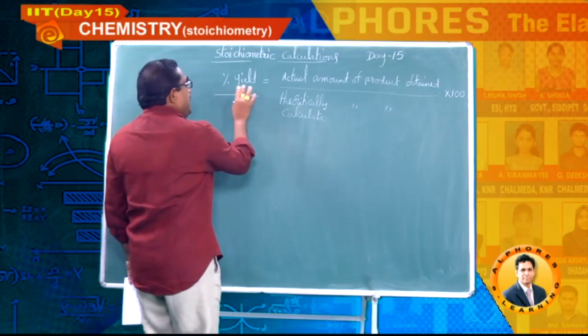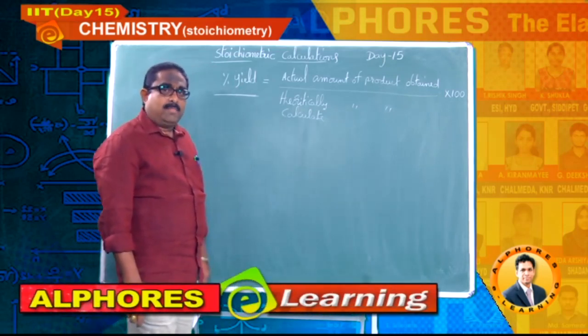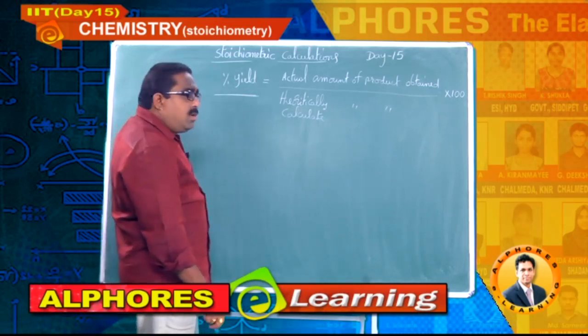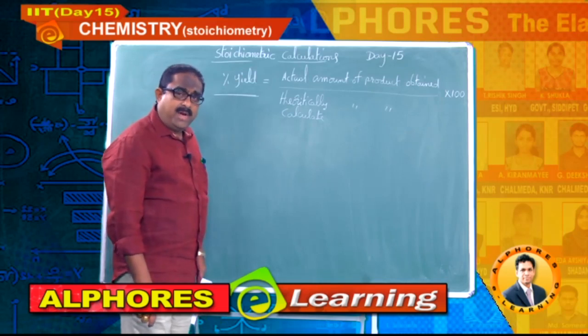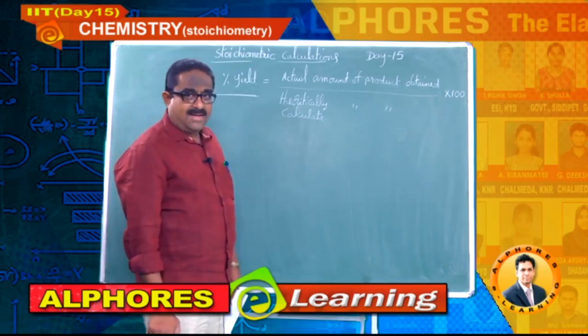So if the percentage yield is maximum, then you can say that it is a very good process to be adopted for the manufacturing of that particular chemical.